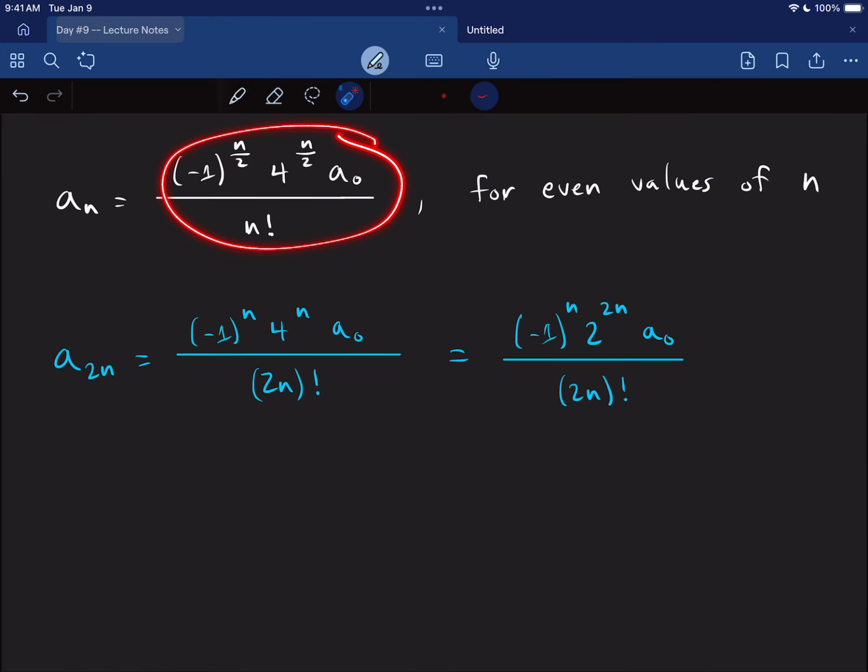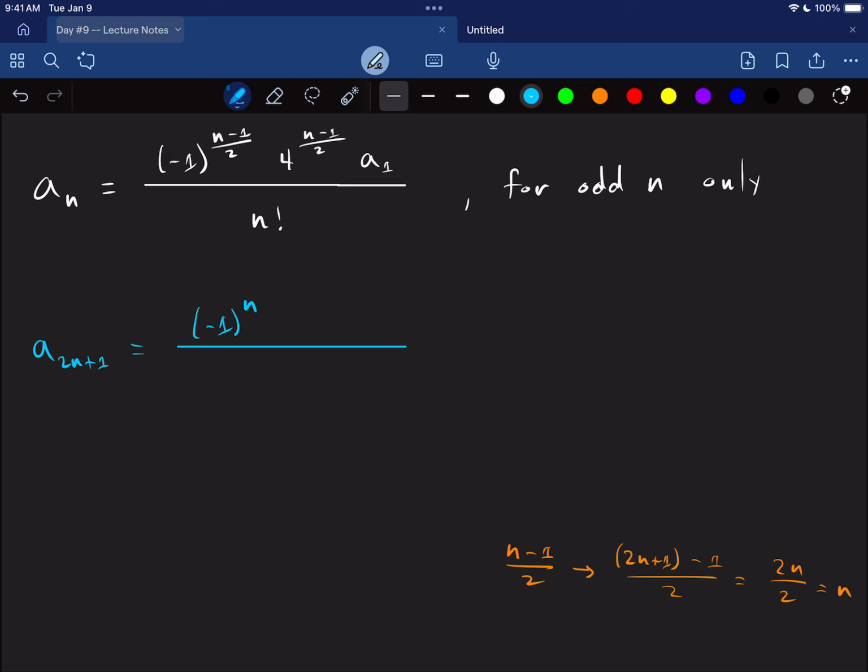So we have negative 1 to the n, 4 to the n, a1 over 2n plus 1 factorial. Again, like I did before, for reasons unexplained as of yet, I am going to change that 4 to the n to a 2 to the 2n.